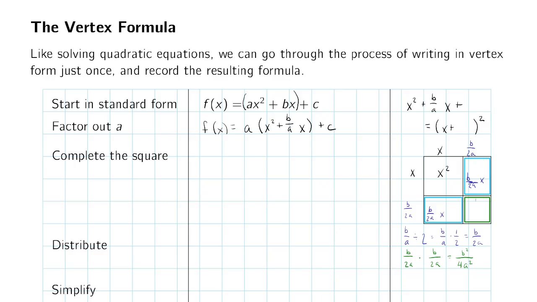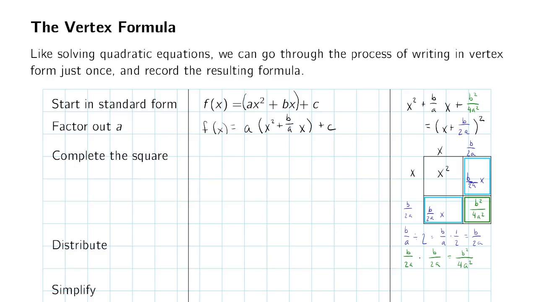So our missing piece is b squared over 4a squared. So b squared over 4a squared is the constant we need to add to complete the square. And we get that perfect square trinomial by taking x plus b over 2a, all squared.